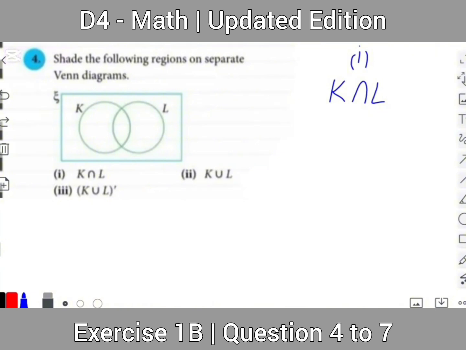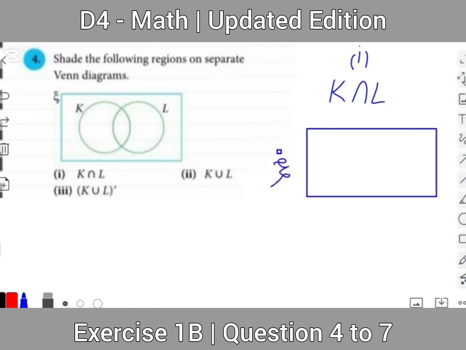So for this, first we will identify the region for the set K only. So now we will draw a rectangle on a separate Venn diagram that represents the set η, a universal set.